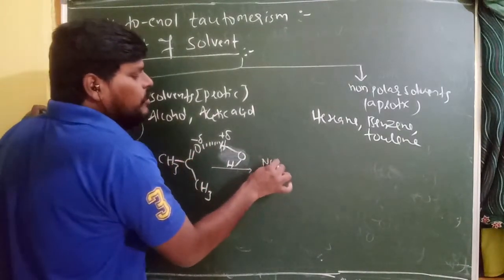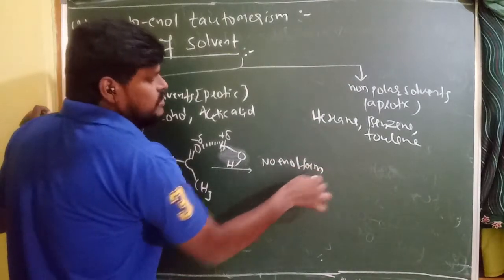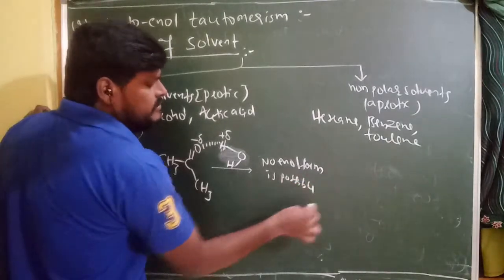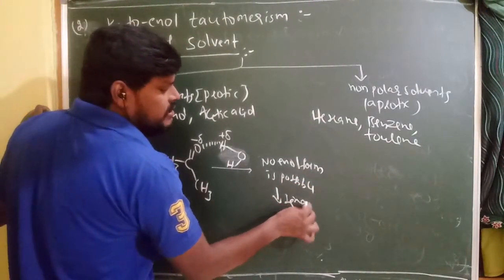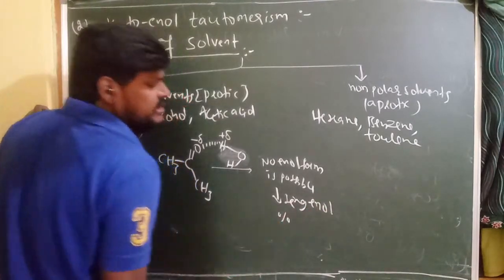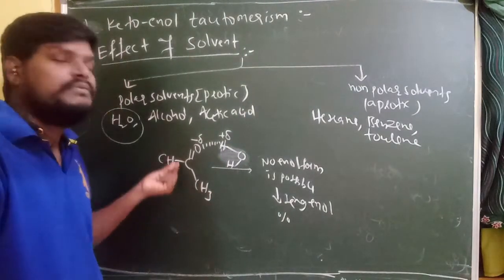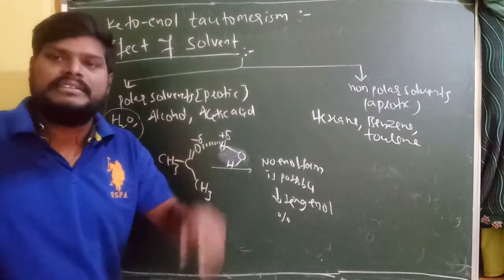That's why here no enol form is possible. That's why the enol content percentage decreases. So indirectly what you understand is the ketone form or ketone content percentage increases.